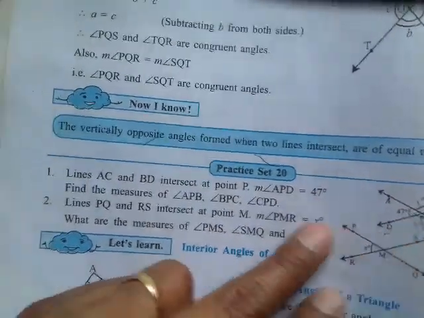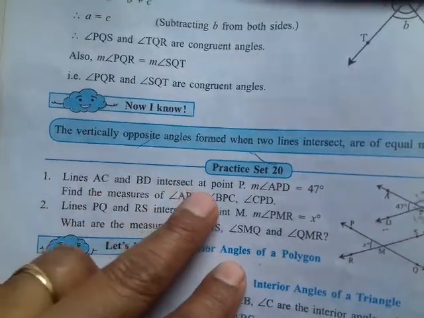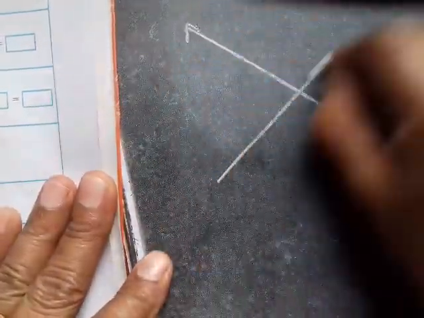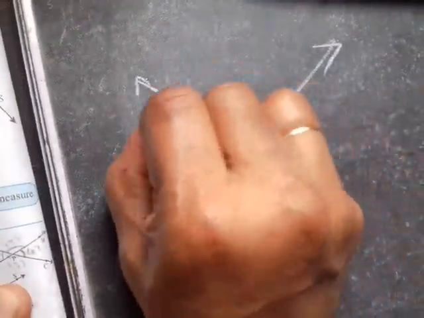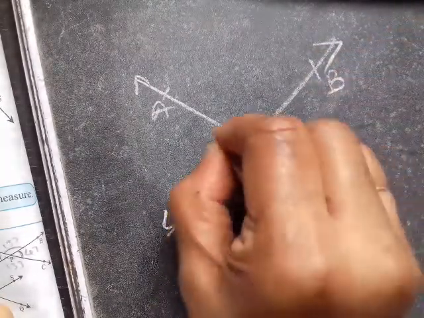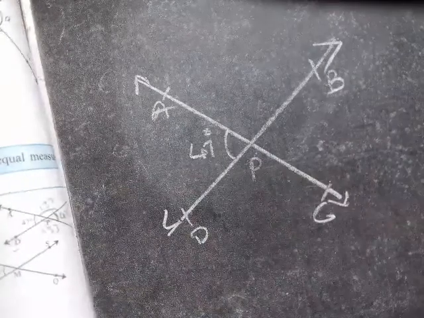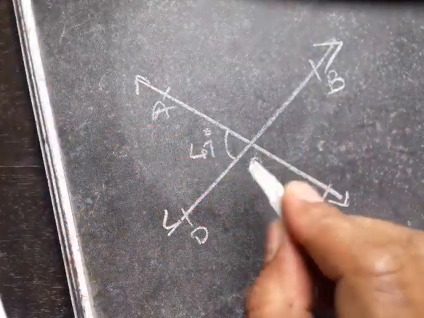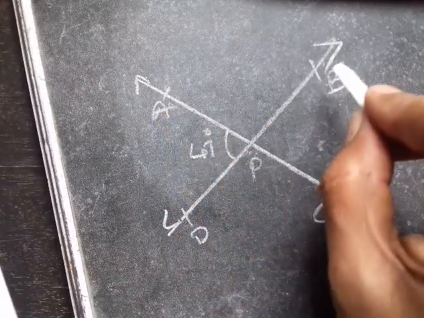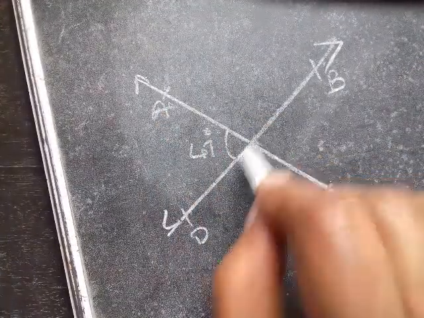Practice set 20, first sum. AC and BD intersect at a point P. I am just explaining. Angle APD is 47 degrees. Find the measures of angle APB, BPC and CPD.